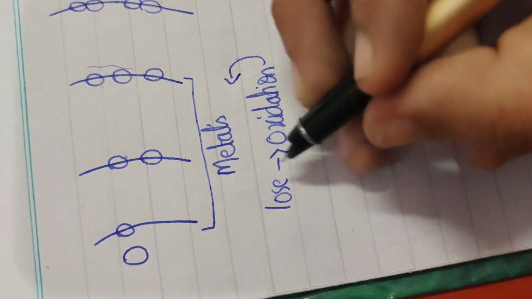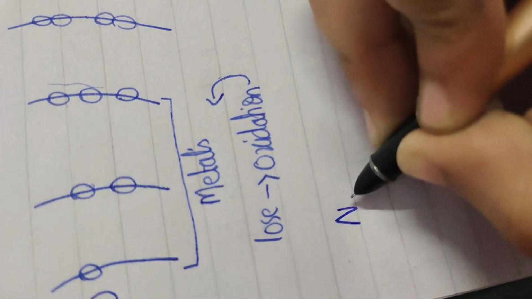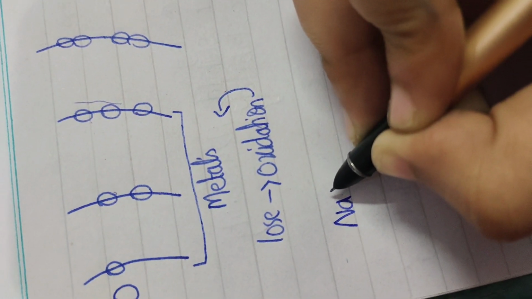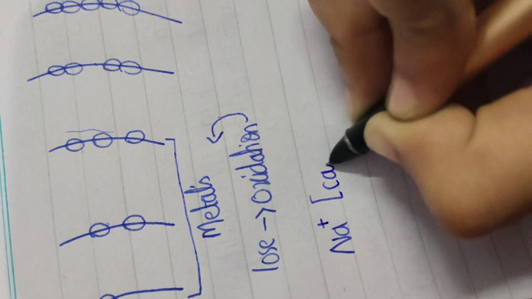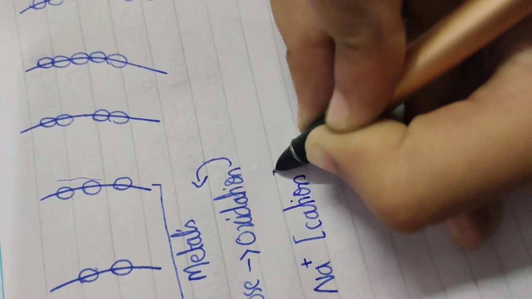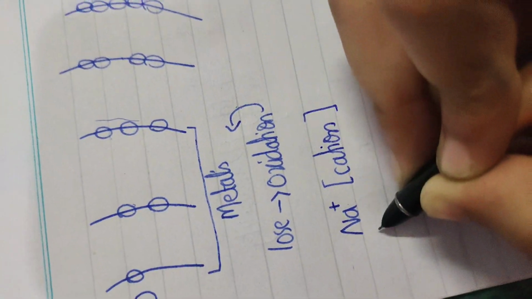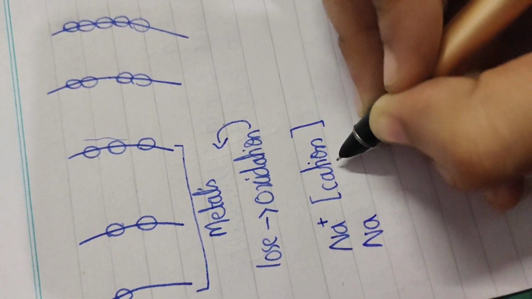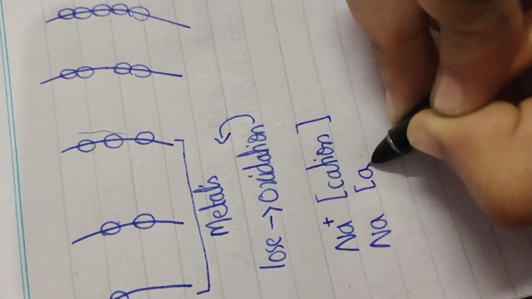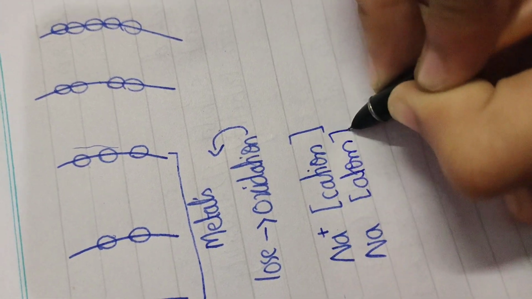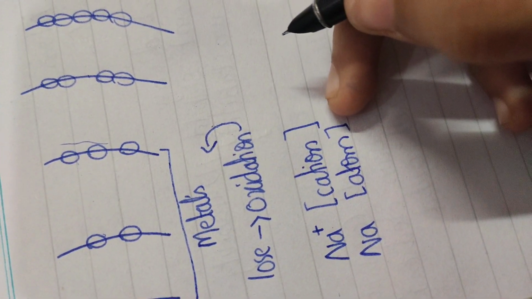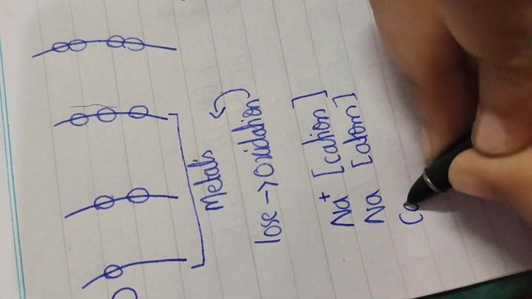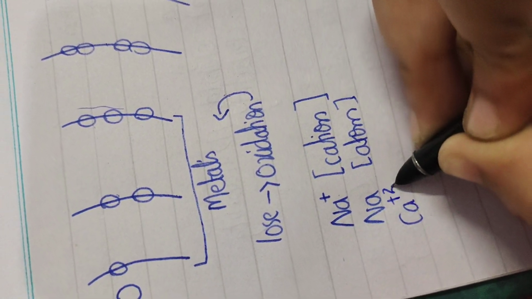So now if an element loses an electron, it will get a positive charge, or you can say this is a cation, right? This is now a single atom. This is neither cation nor anion. Cation means positive charge. This is only an atom, right? So here I am writing calcium.